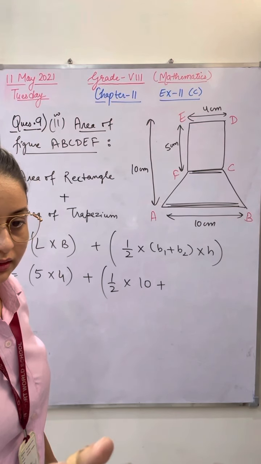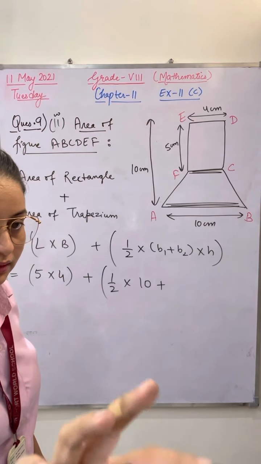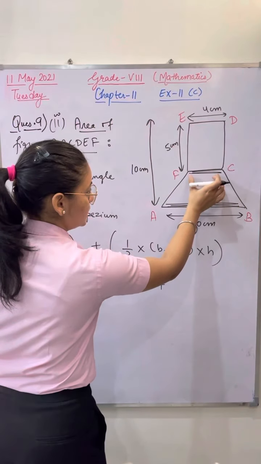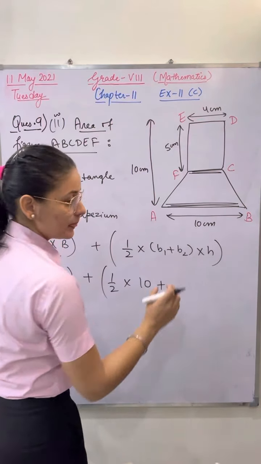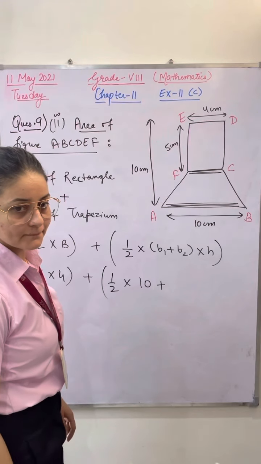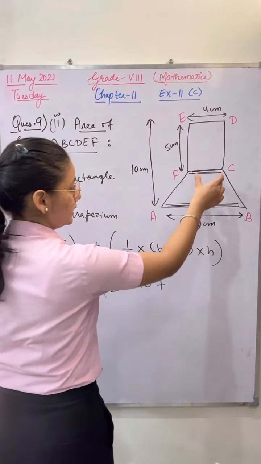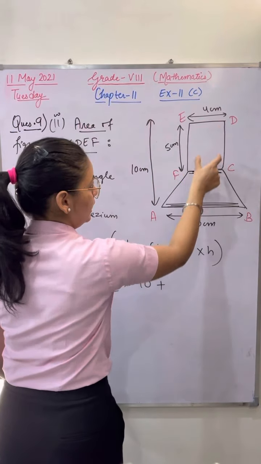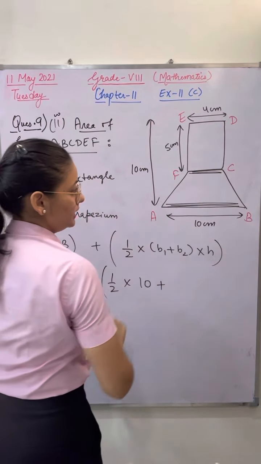Ma'am, 10 centimeter is the AB. Okay, what is FC? Yes. FC is equal to ED. You can see that. Both are equal. ED is 4, then what will be FC?